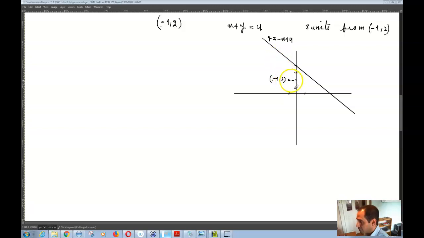We had the formula tan of theta is equal to m2 minus m1 over 1 plus m1 m2.